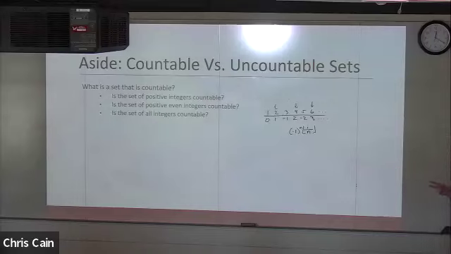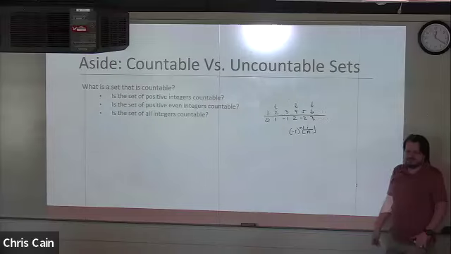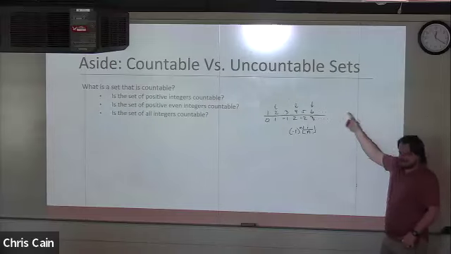And this is what is very difficult for a lot of people to grasp the first time you see it, because it seems obvious that there are more integers than positive integers. But when you map it like this, where's the evidence? For any number that you could ask on the bottom, there exists a number on the top. For every number on the top, there exists a number on the bottom.